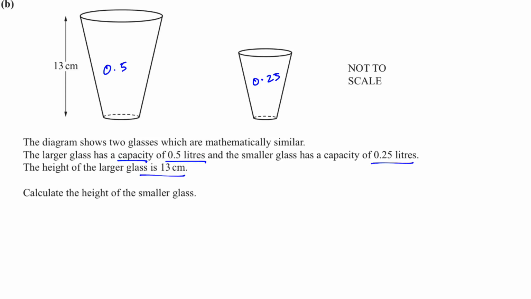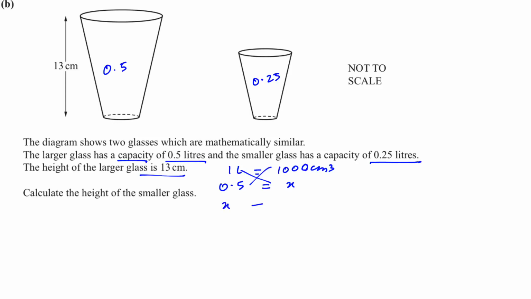The height is given in centimeters. So the first thing we will have to do before we proceed is to change the liters into cubic centimeters. 1 liter is equal to 1000 cubic centimeters. So we have 0.5 liters. How many cubic centimeters will it be? Cross multiply.